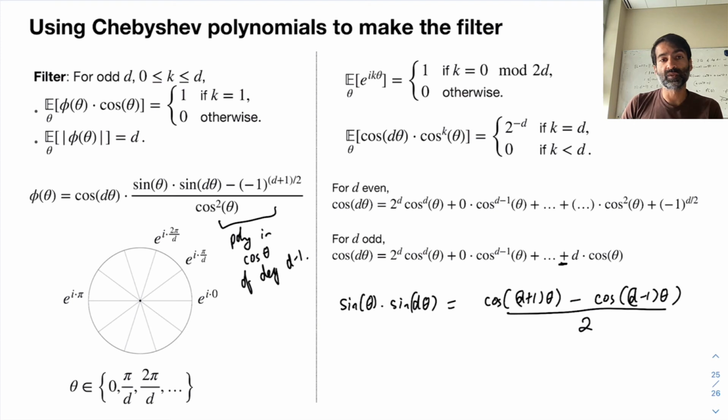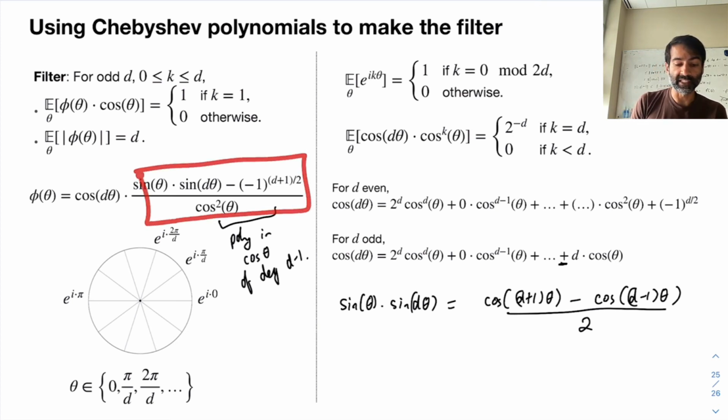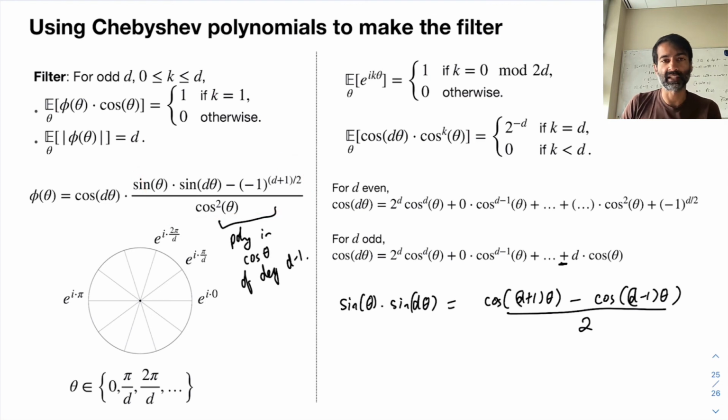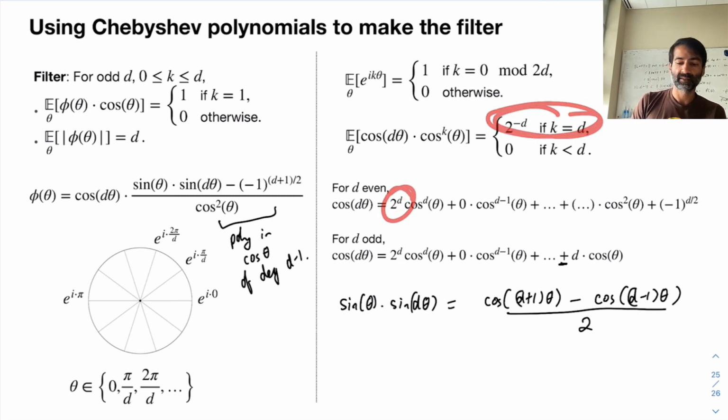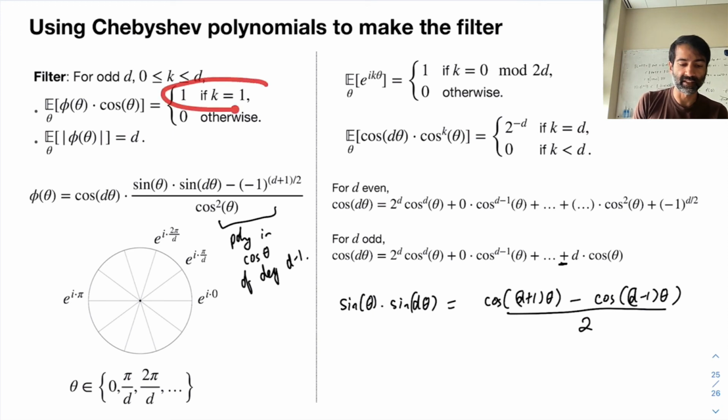When k equals 1, what we have here is a polynomial of degree exactly d in cosine theta, and so the inner product is determined by the leading coefficient, but the leading coefficient just so happens to be exactly 2 to the d, and so this property establishes the identity for k equals 1.